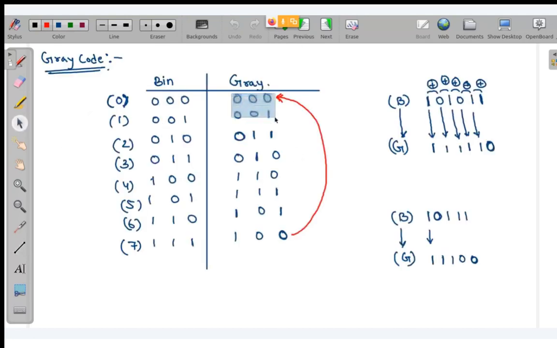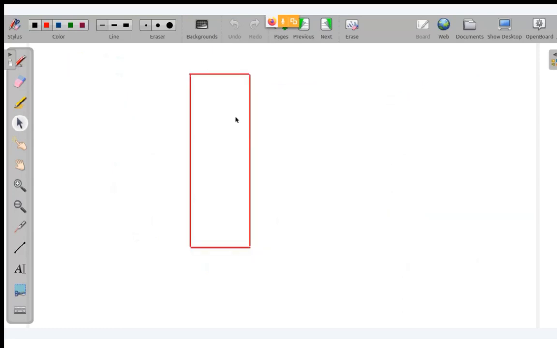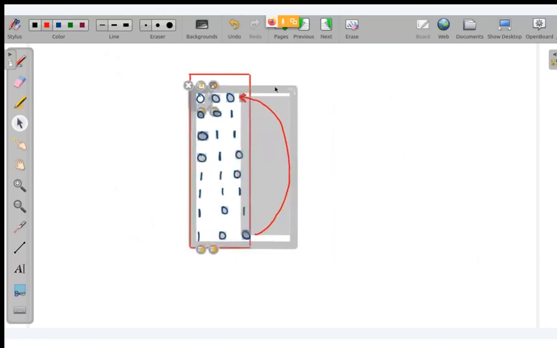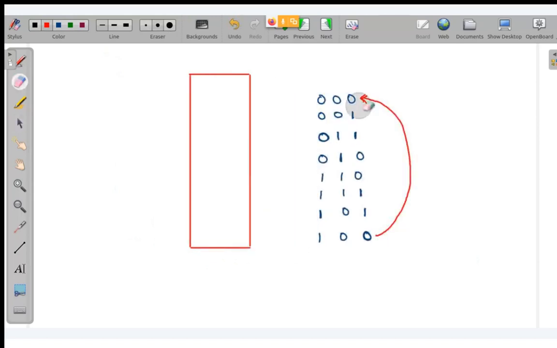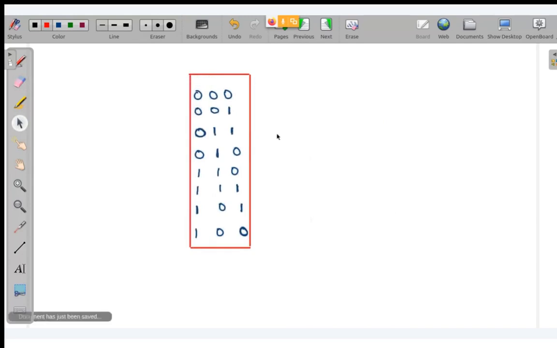If I write this gray code on a piece of rectangular paper like this, and now I simply take this edge over here and make a cylinder like this.